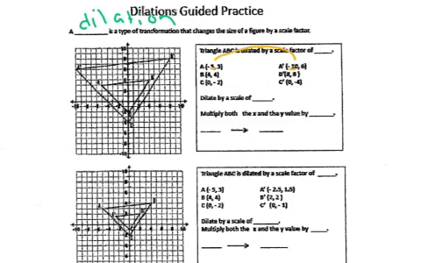Well, in this case, it would be 2. And if you look here, 3 times 2 would give you 6, and so forth. So that's how I know what my scale factor is. My scale factor would be 2. Therefore, I'm dilating by a scale of 2. And the rule that was x comma y, since I'm multiplying by 2, would just be 2x comma 2y.